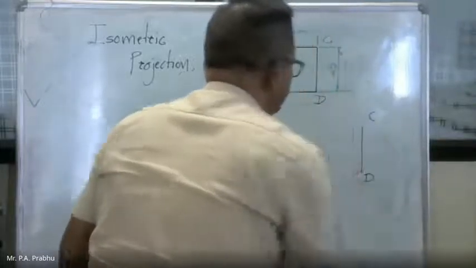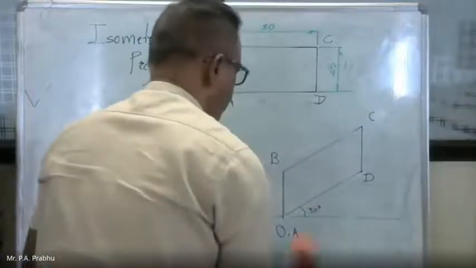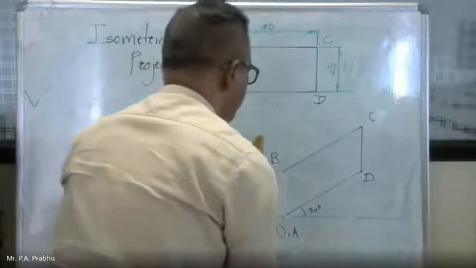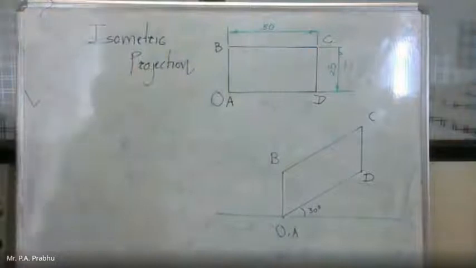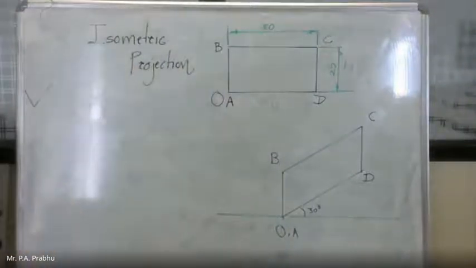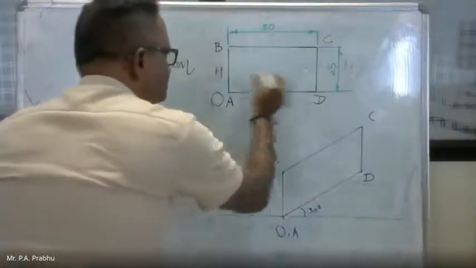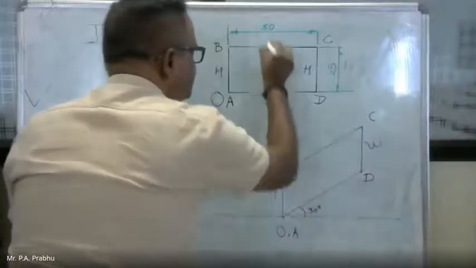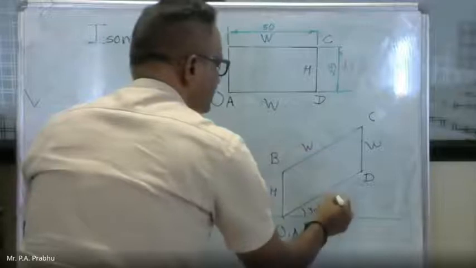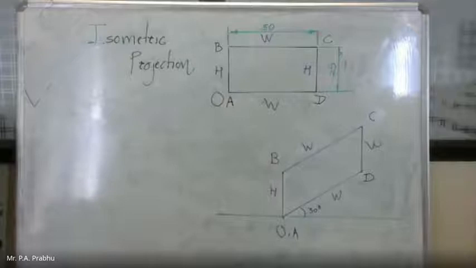So this is C, and join B and C. Understood? So the height dimensions remain as they are, and this dimension, width, will be inclined at 30 degrees. So this is the isometric drawing of a rectangular plane ABCD.